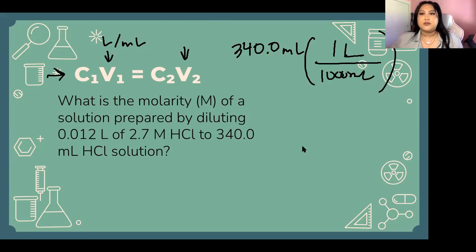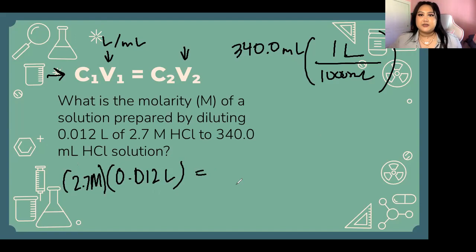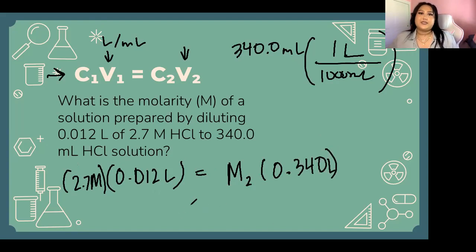Okay, so after we convert it, we can plug it in. 0.012 liters, 2.7, 0.34 equals, and this should be 0.3, I'm pretty sure. Okay, so what did everyone get for this second molarity?